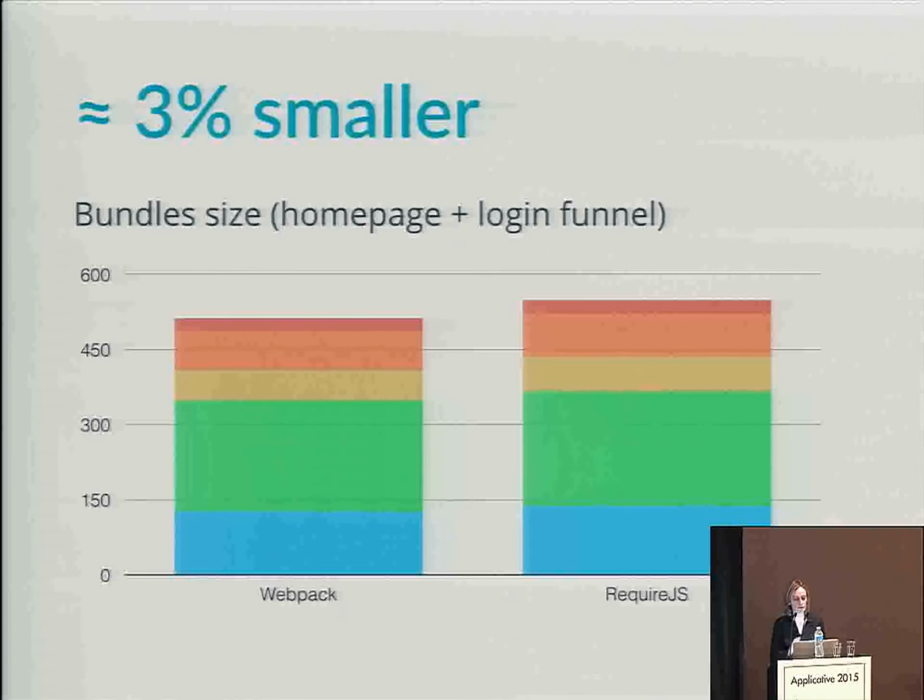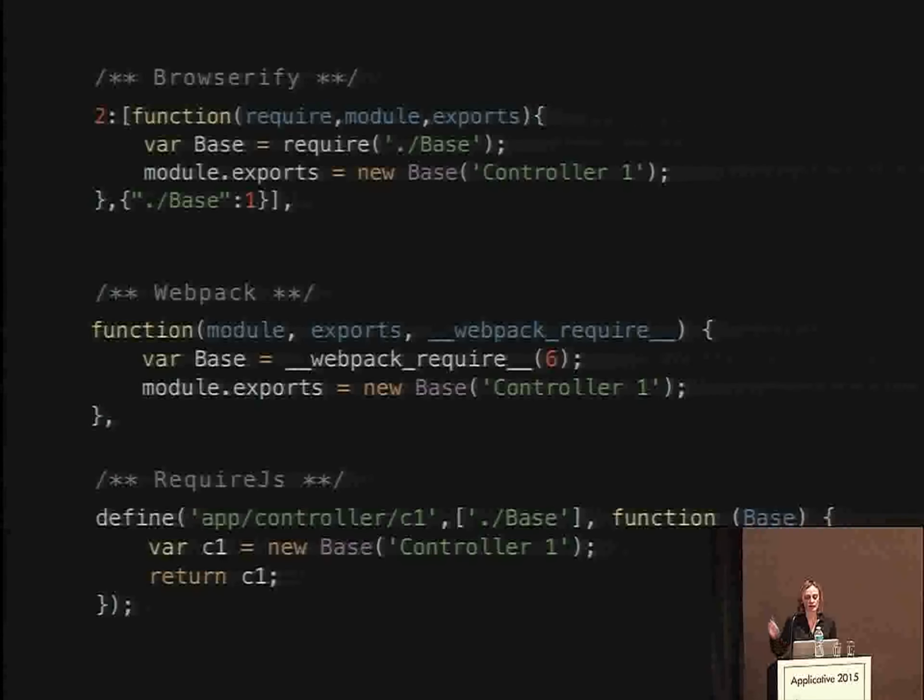It's purely Webpack. And the reason why is the module that Browserify, Webpack, and RequireJS are creating. Webpack and RequireJS seem to produce bigger code, but that is before minification. And you probably know that there is one thing that never gets minified, which is strings. Everything that is green is not going to be minified.